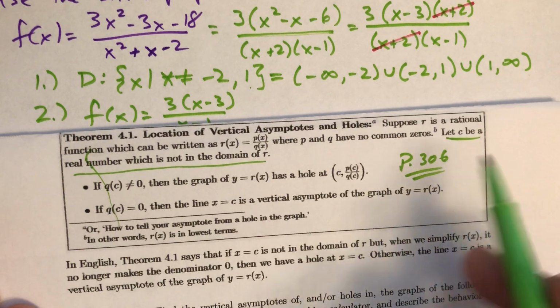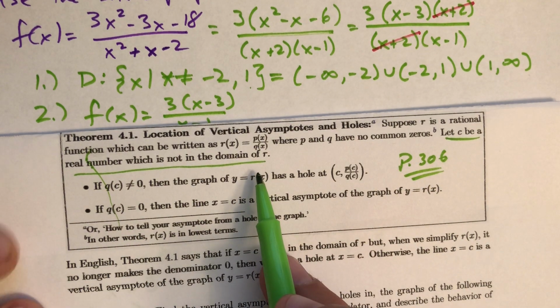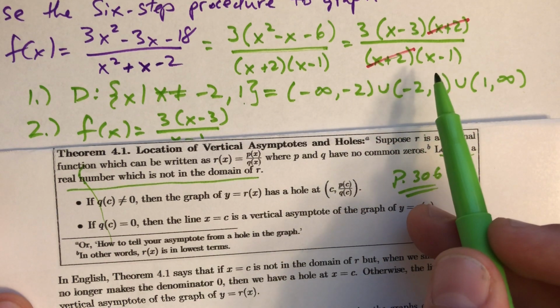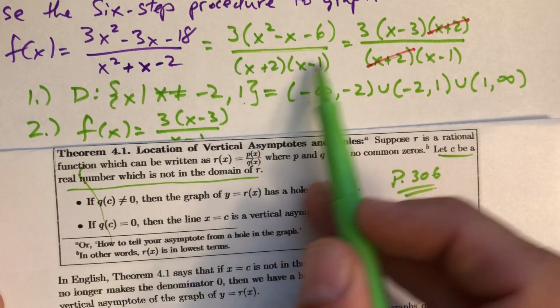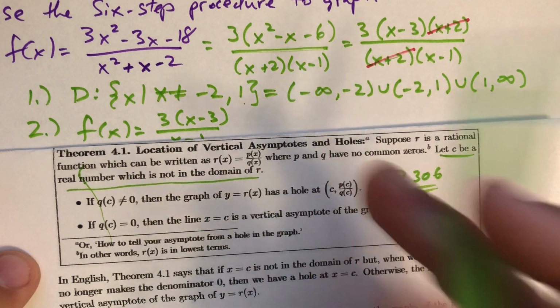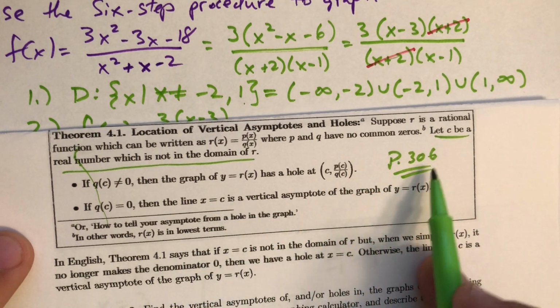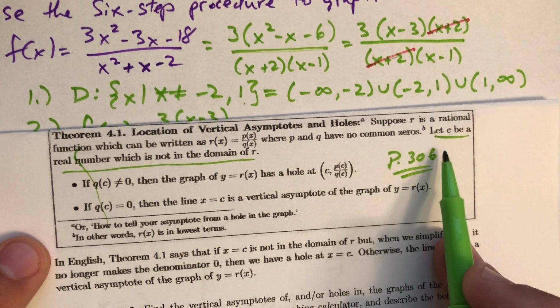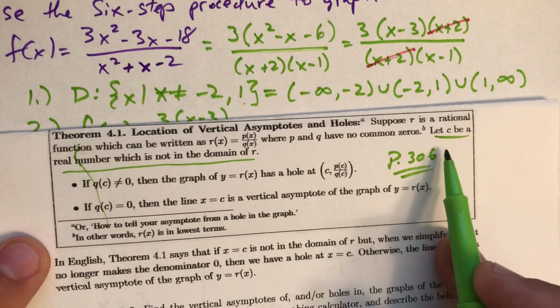Okay, so let c be a real number which is not in the domain of r. So going back to our problem, before we took away this factor x plus 2, we found our domain using these, right? So we took away negative 2, we took away 1. So in our case, we're going to be using that negative 2 and that 1.